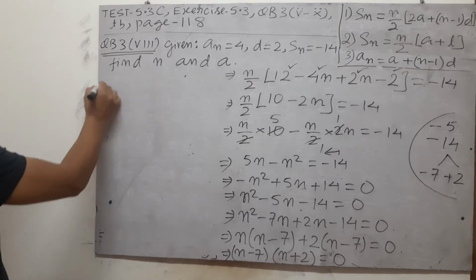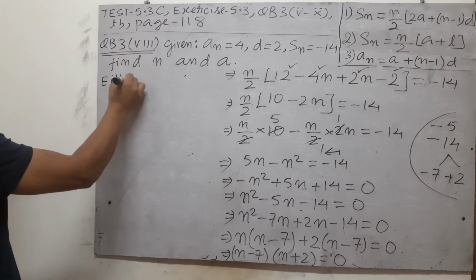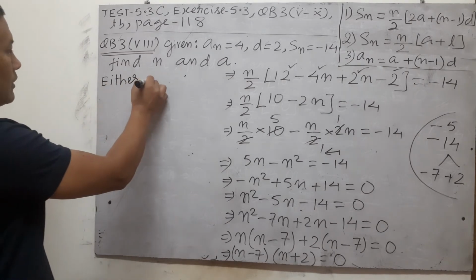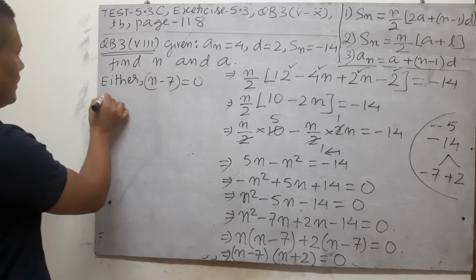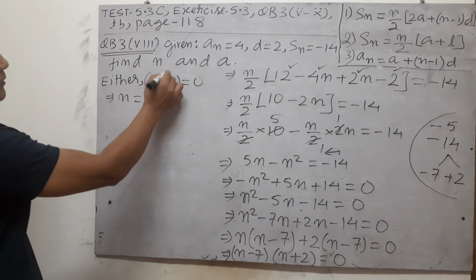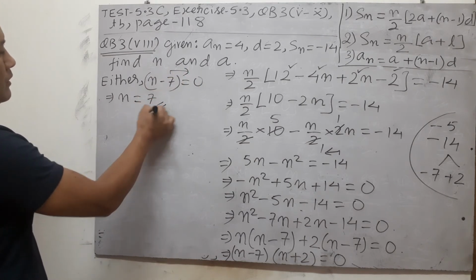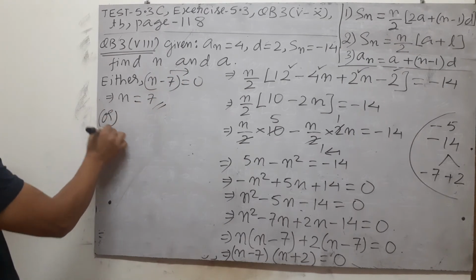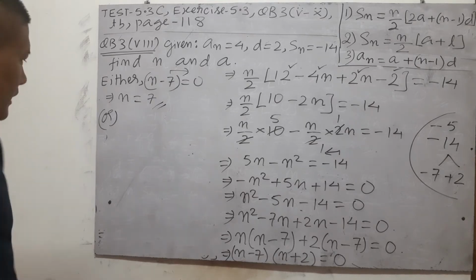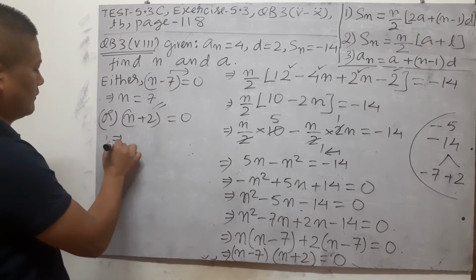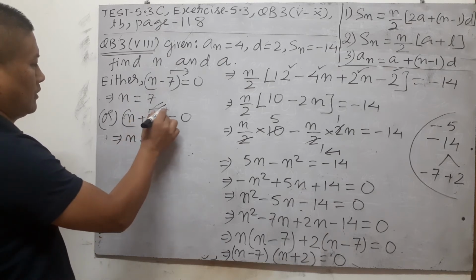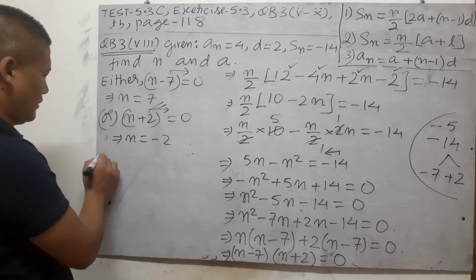So that gives you either the first factor n minus 7 is equal to 0, gives you n equal to go right side plus 7, or the second factor n plus 2 is equal to 0, so that gives you n equal to go right side minus 2.